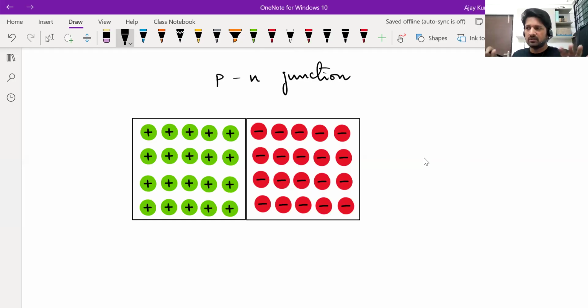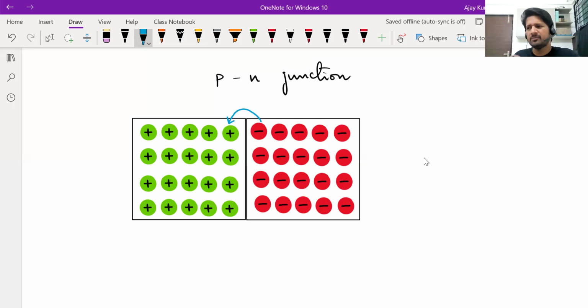Okay. Now, on the same base, if there is a p region and an n region, p region has holes, n region has conduction electrons. Now, those conduction electrons will move to the p side. Why not? They can move around in the entire material, no? Okay. So, on the same base, if p and n regions are both present, these conduction electrons will be free to move around.